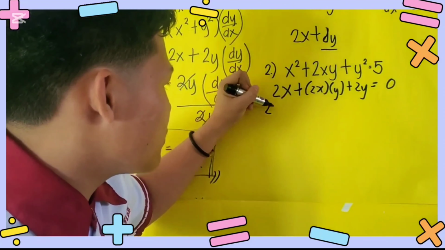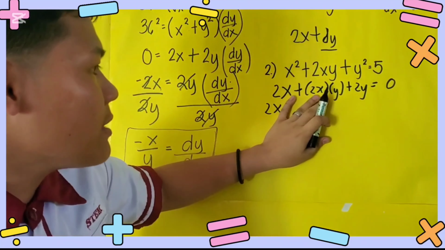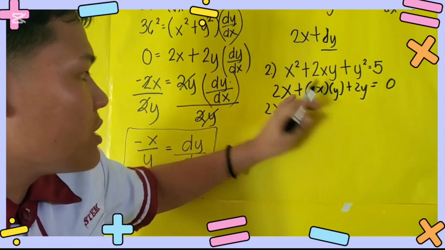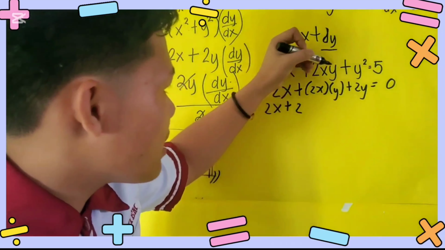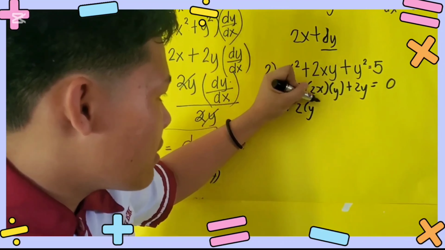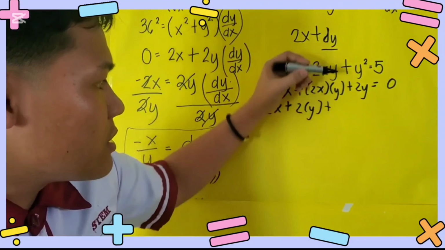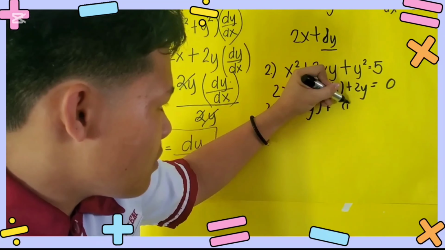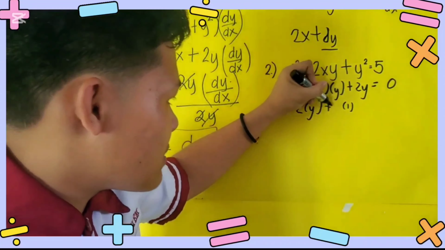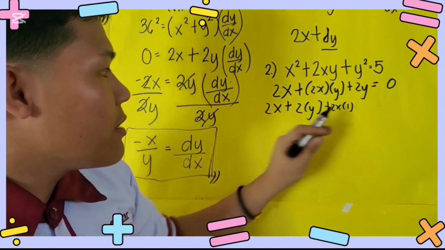We copy this 2x, and then find the derivative of this one, which is 2, and copy y, plus the derivative of y, which is 1, and then copy 2x.